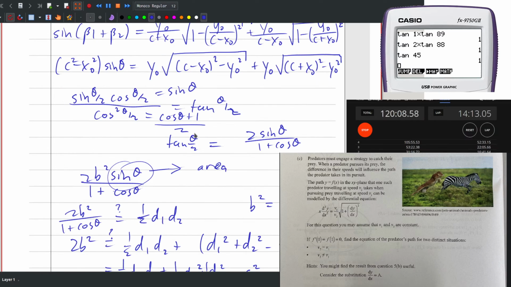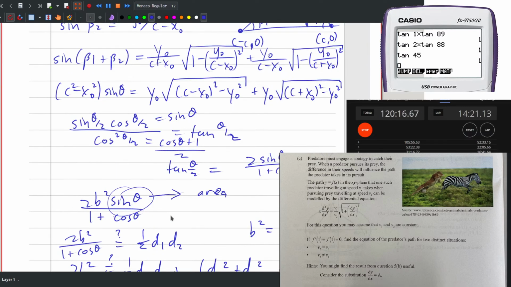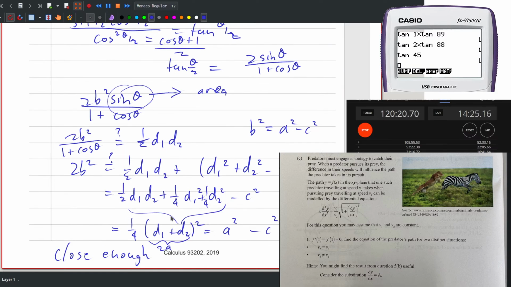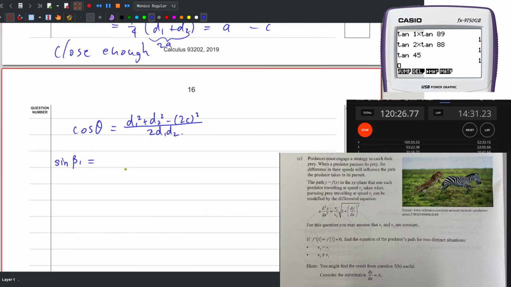So sine of beta 1. Well, no, I didn't even use sine, I just used cos only.